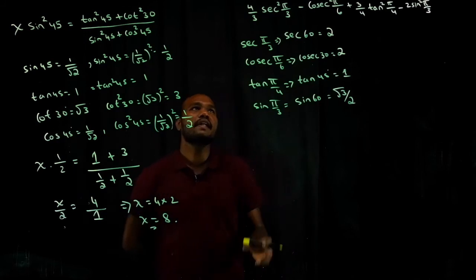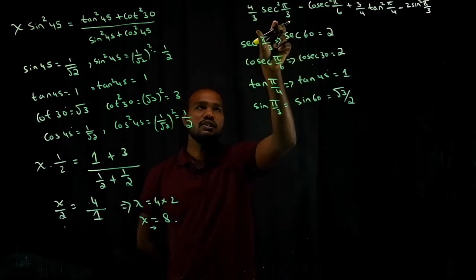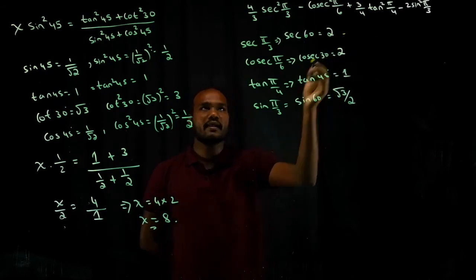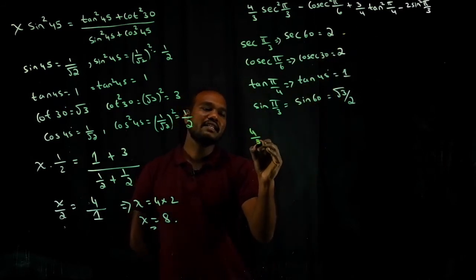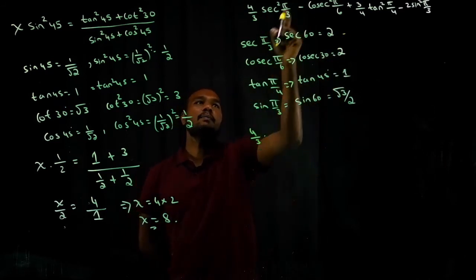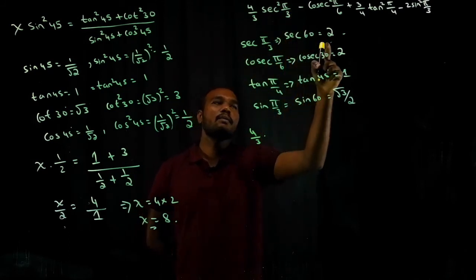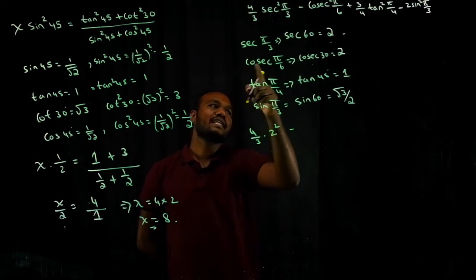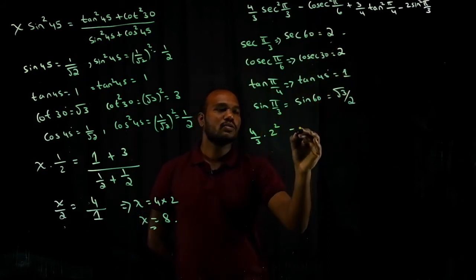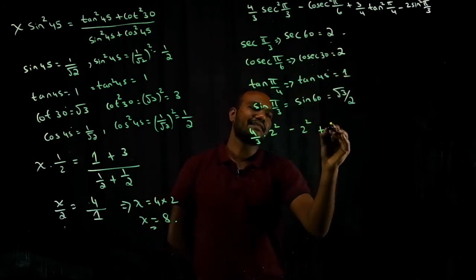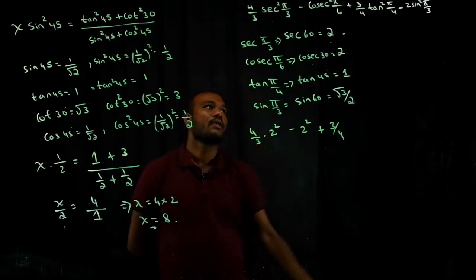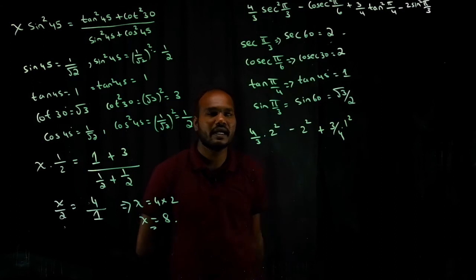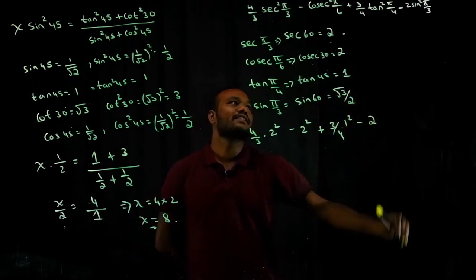So let's substitute this back into the question. Secant square means 2 square. So 4 by 3 times sec² π/3, which is 2 square, minus cosec², this is 2 square, plus 3 by 4 times tan², that is 1 square, minus 2 times sin² π/3.